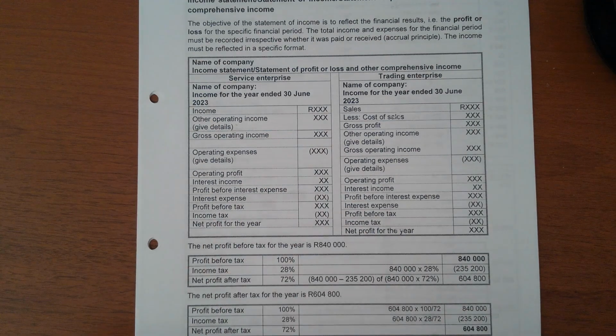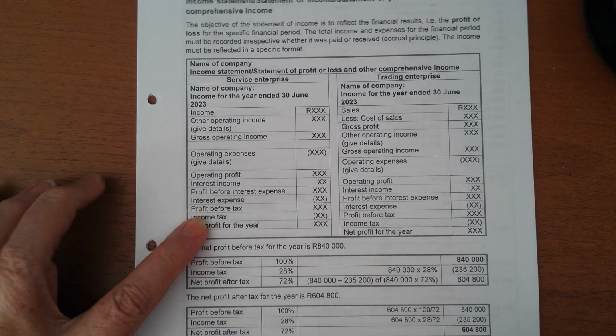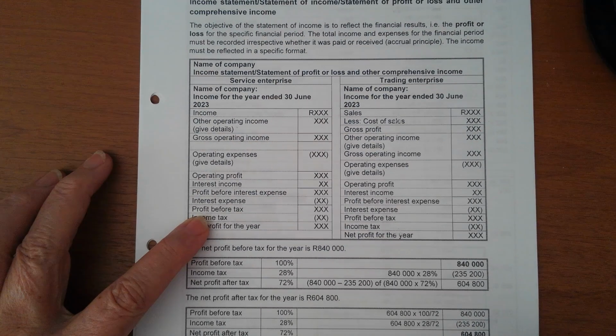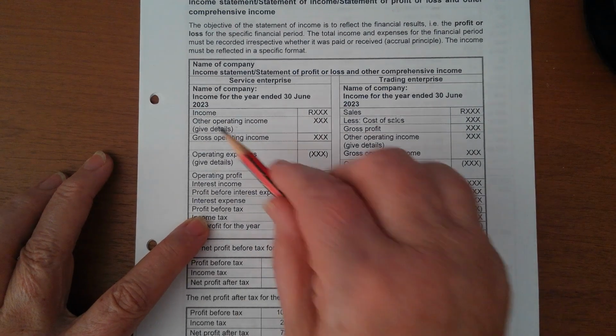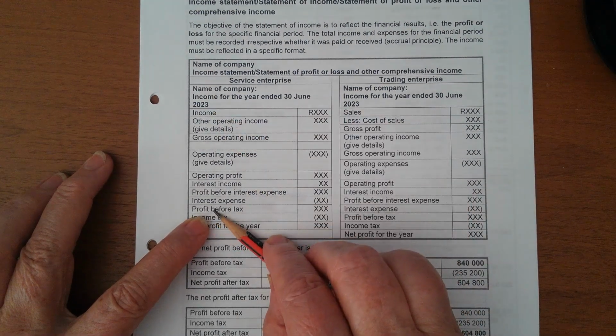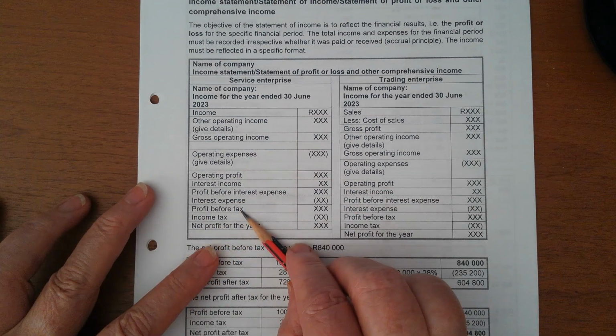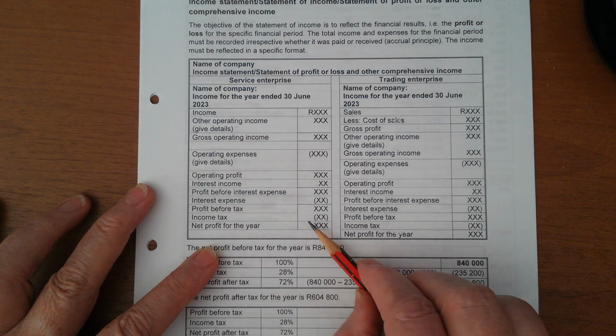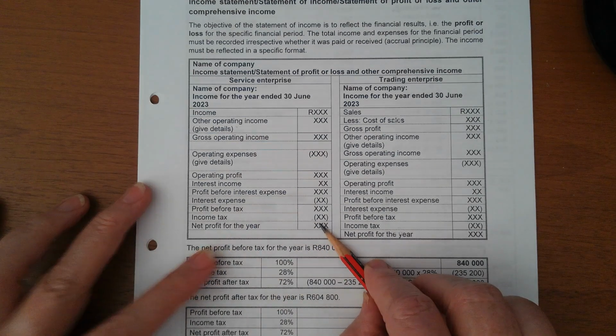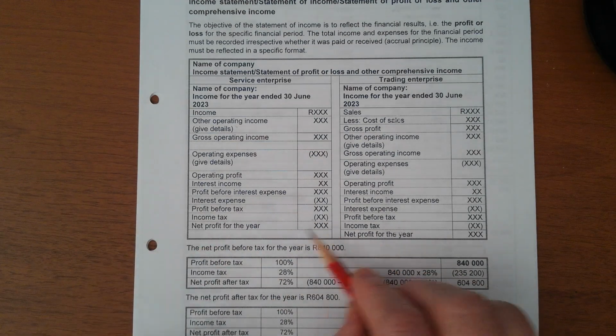And then the only difference between this income statement in a sole trader and partnership is that they will stop with profit, and in a company, after the profit before tax, you deduct the tax and then you show the net profit for the year.